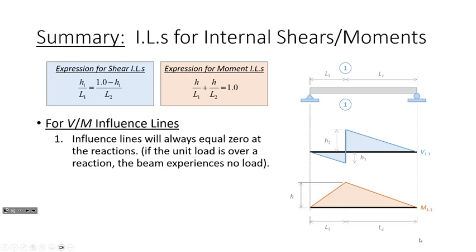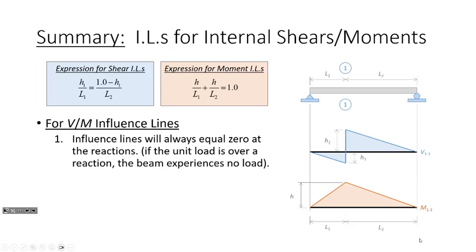If I put a 1 kip load right here, what is the internal response inside the beam if the load is directly over the support? It's 0, right? Because all the load is going directly to the support.